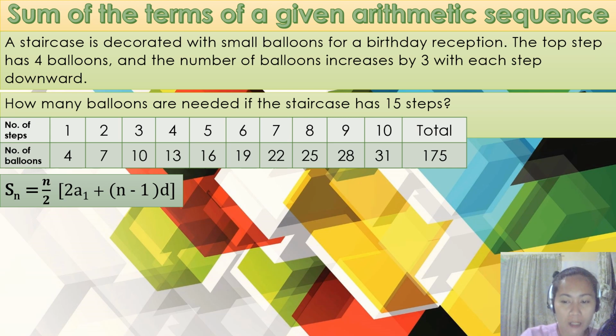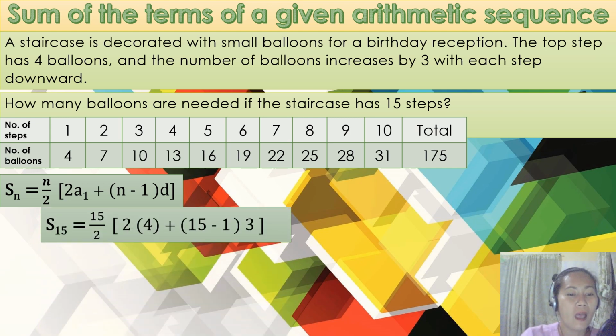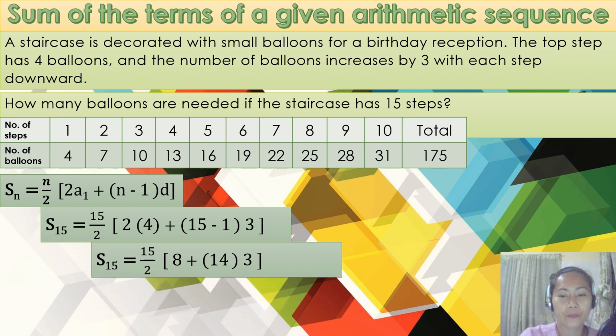And then we substitute. S sub 15 equals 15 over 2 times 2 times 4 plus the quantity of 15 minus 1 times 3. And then 15 over 2 times 8 plus 14 times 3.